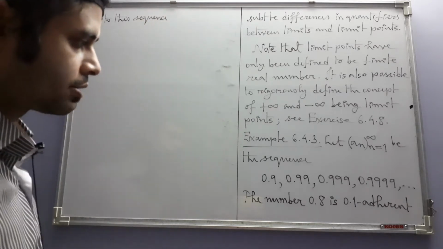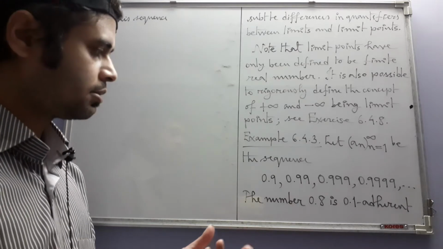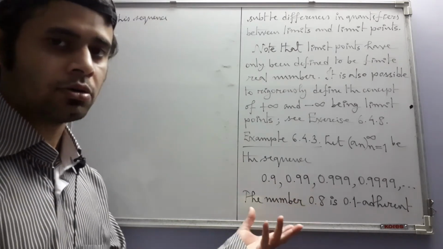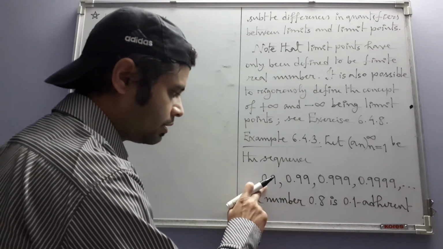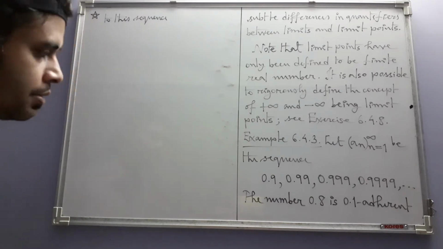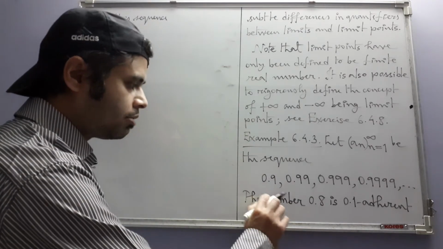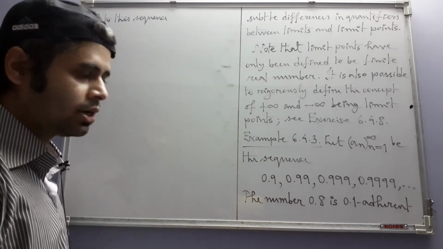And why is that so? What is the term of this sequence to which 0.8 is 0.1 close? And that term you can see clearly is 0.9, because the absolute difference between 0.9 and 0.8 is in fact equal to 0.1.